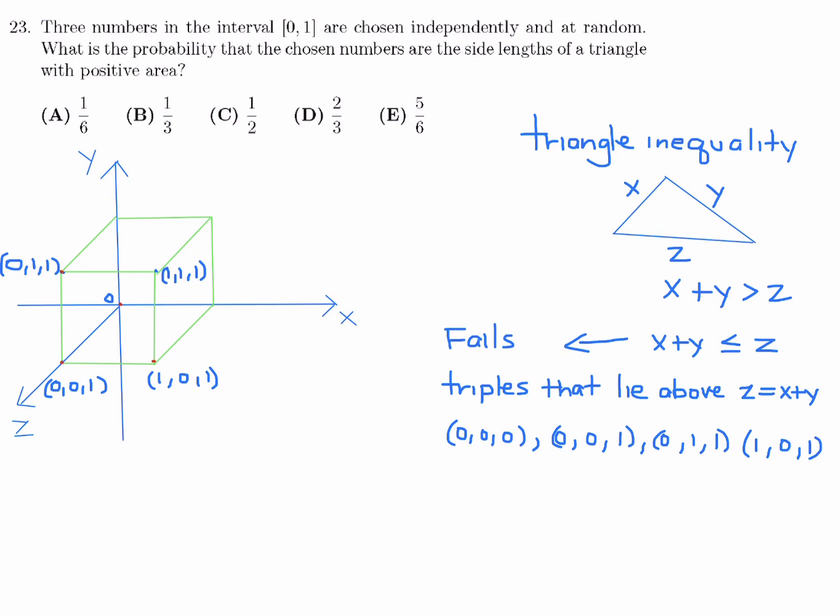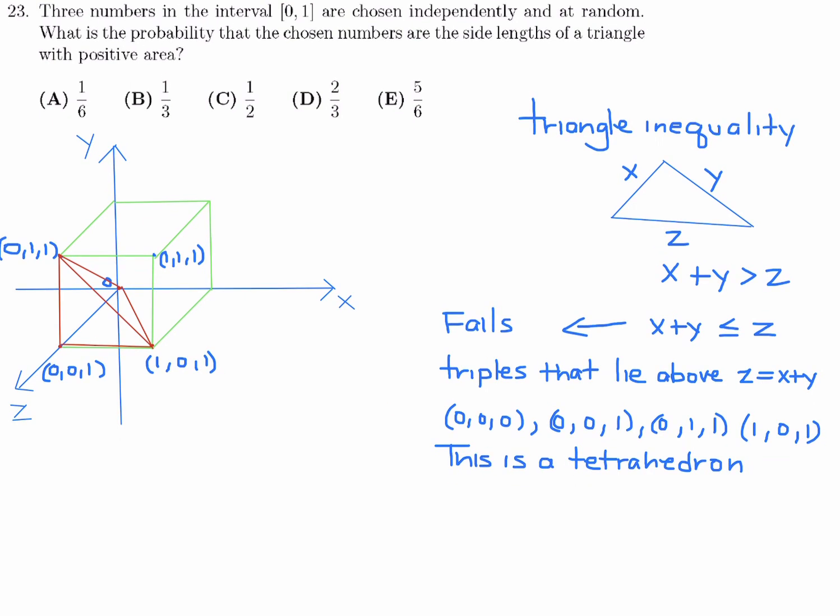So let's connect those and see what kind of a shape we get. If we connect those, you will see that it is the shape of a tetrahedron. And we can, of course, figure out the volume. That's going to help us with the probability.